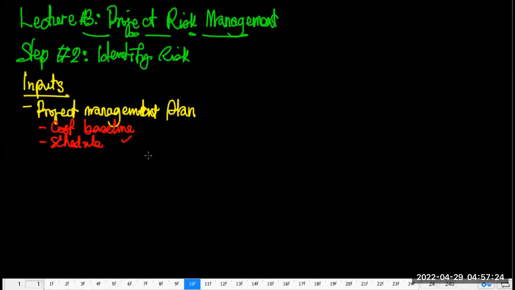The schedule baseline, you can also do that. You can review the schedule baseline to do what? To identify milestones and deliverables, due dates that are subject to uncertainty and ambiguity, right? So now you're trying to identify milestones. When you check the milestones, at this point probably we're not very certain, but it's like having elections, right?